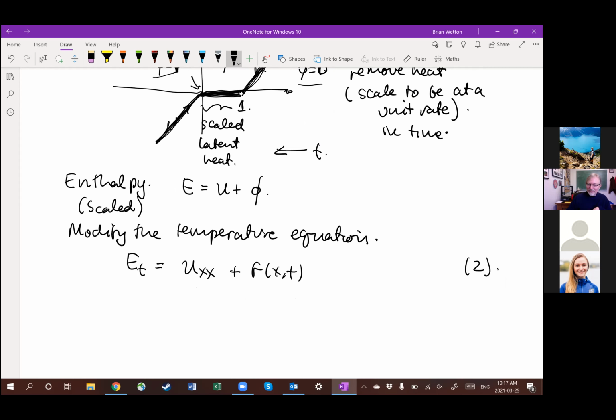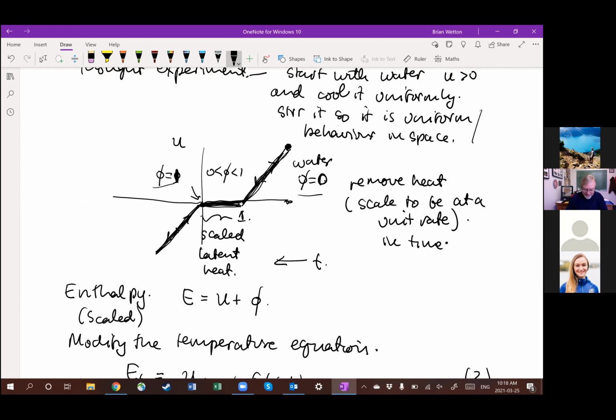Okay, well, that's all fine, but this is an equation with two unknowns in it, so you have to tell me some relationship between E and U. Well, you've got two choices. You can write E as a function of U, except already you can see that that won't work, because when U is equal to 0, E could be anywhere between 0 and 1.